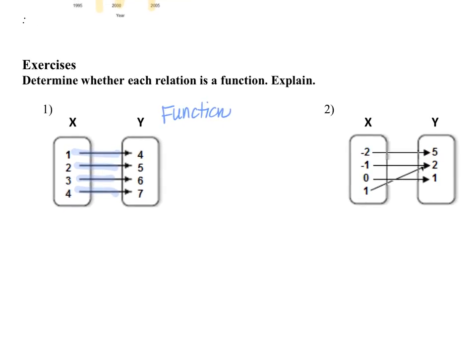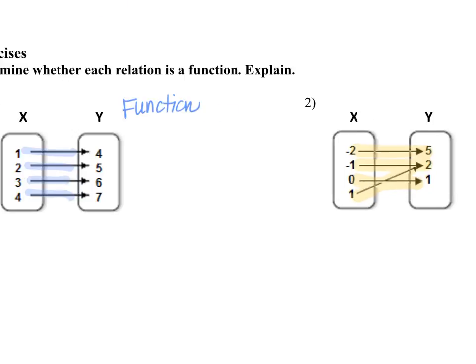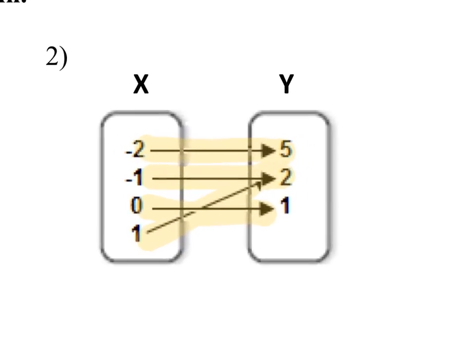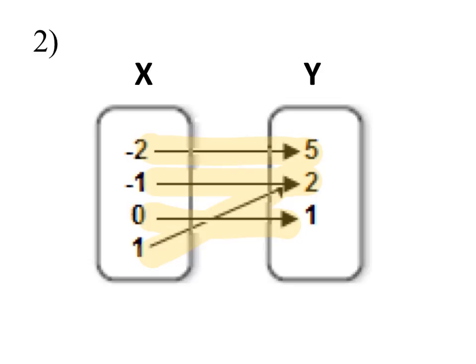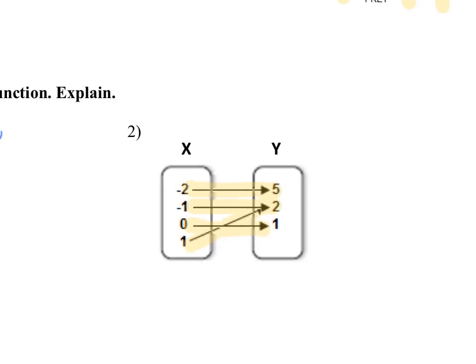So then looking at number 2, look at the arrows. Is there 1 arrow coming out of each x value? Yes. So -1 and +1 are both pointing at 2, but that's okay. Y values can repeat.